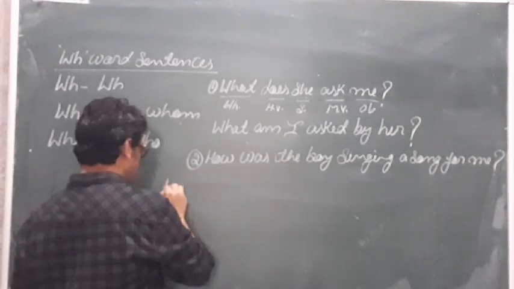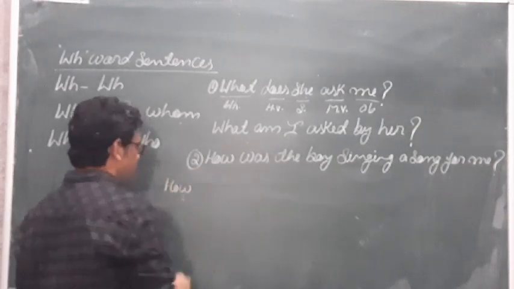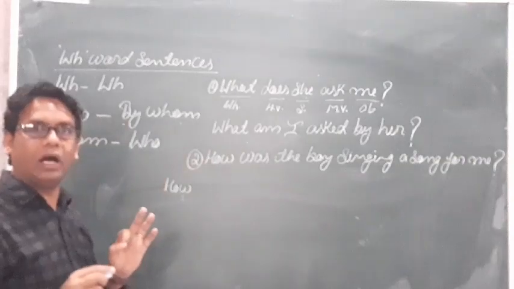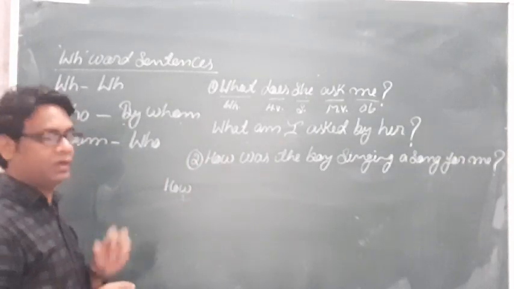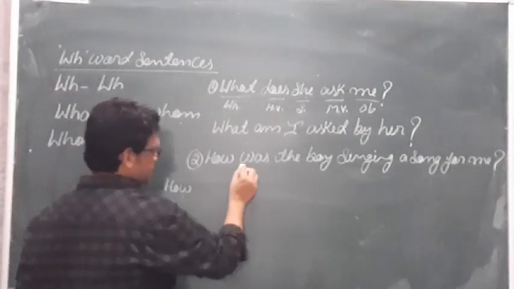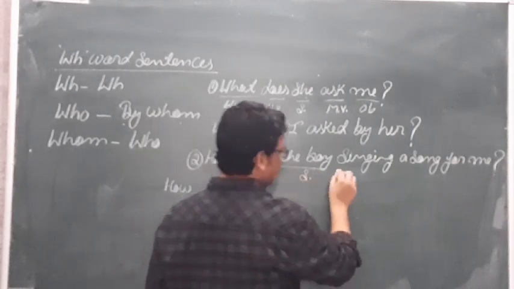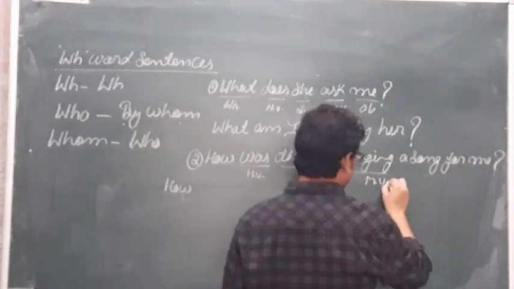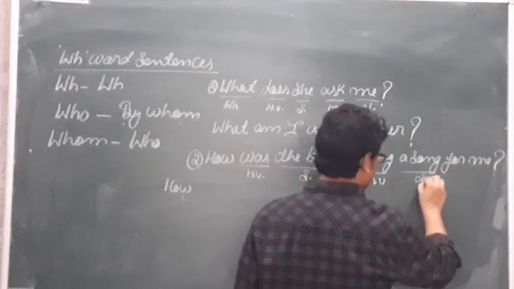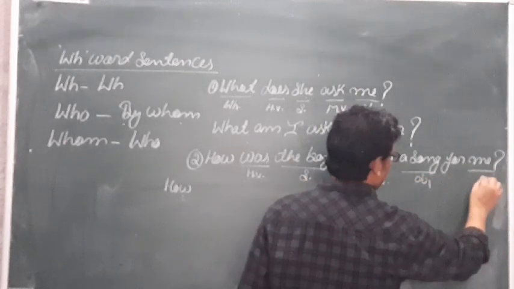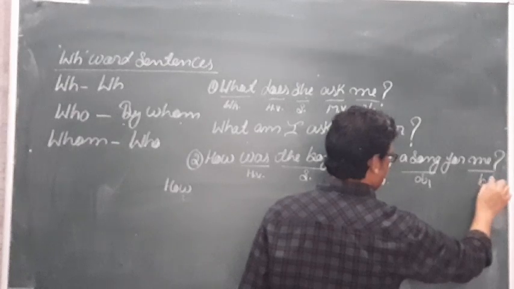Now we will change how. How is also a WH word. Okay. This is the helping verb. This is the subject, main verb, object 1 and object 2.